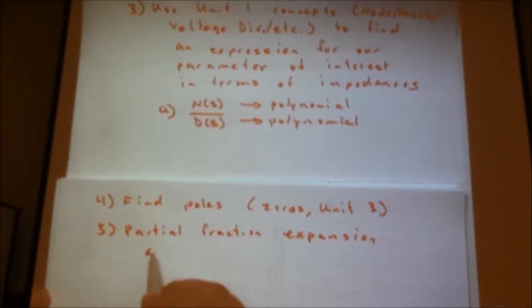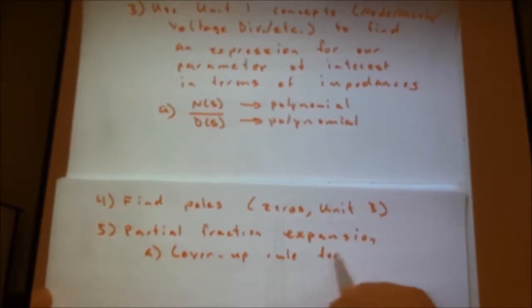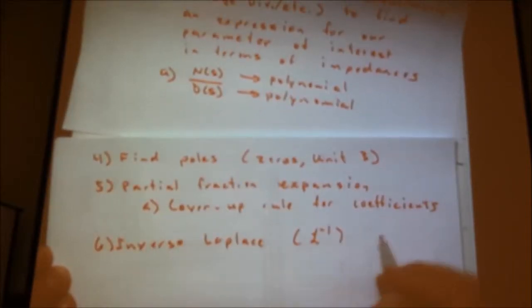And I guess we can add a little subtopic here. We use the cover-up rule, or whatever technique we want to apply for coefficients. And then inverse Laplace transform, L inverse, and that gives us the time domain response.